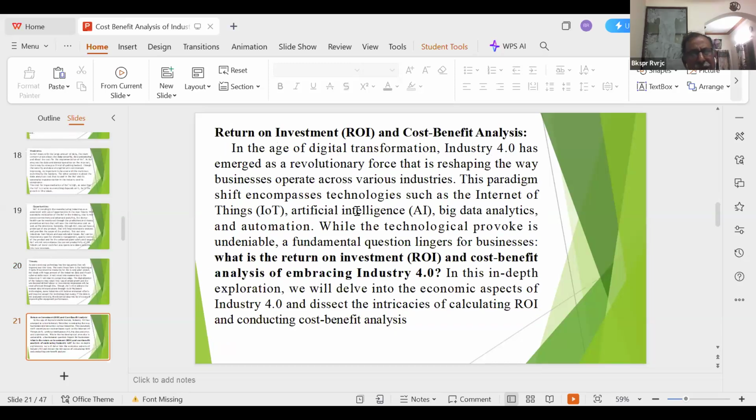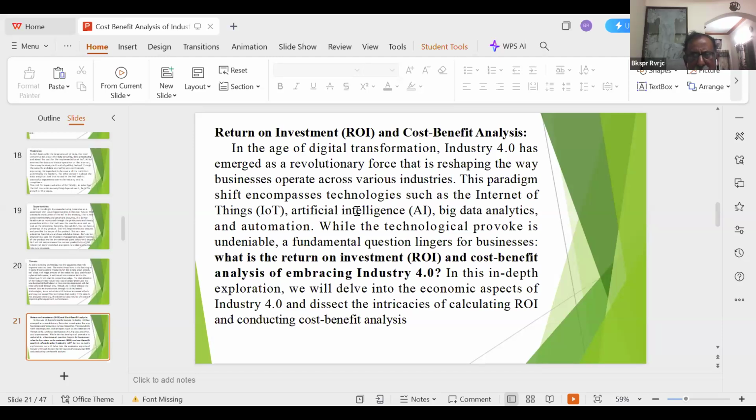Now we go for return on investment and the cost benefit analysis. In the age of digital transformation, Industry 4.0 has emerged as a revolutionary force that is reshaping the way the business operates across various industries. This paradigm shift encompasses technologies such as the Internet of Things, artificial intelligence, big data analytics, and automation.